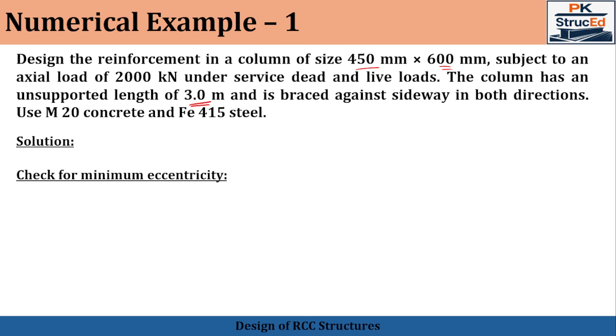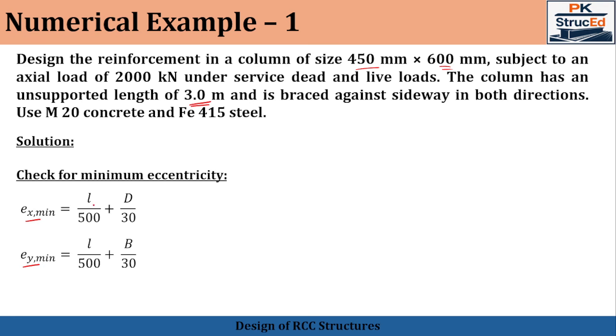Now, even in axial loading, perfect axial load is not possible. That is why IS 456 specifies a minimum eccentricity which has to be checked and satisfied. So two conditions are given: the minimum eccentricity along the x direction and the minimum eccentricity along the y direction.